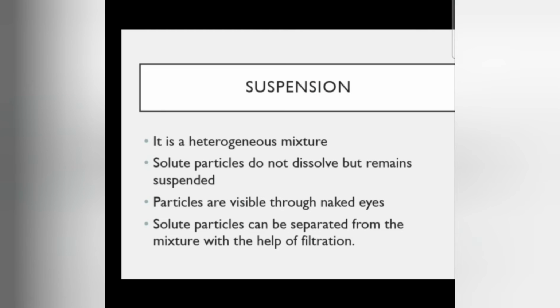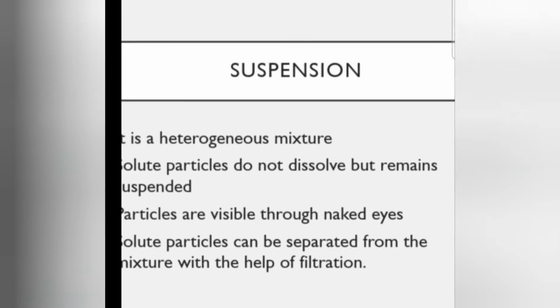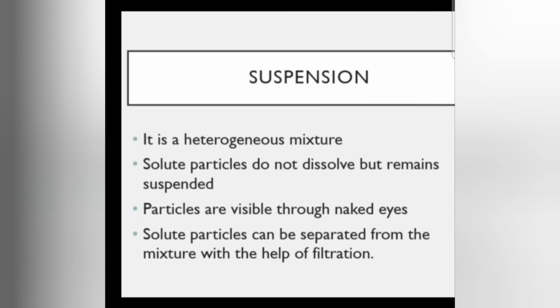Suspension. Suspension is a heterogeneous mixture in which the solute particles do not dissolve but remain suspended throughout the bulk of the medium. Particles are visible to the naked eye and solids are dispersed in the liquids. So what are the properties of a heterogeneous mixture? So here particles scatter a beam of light.